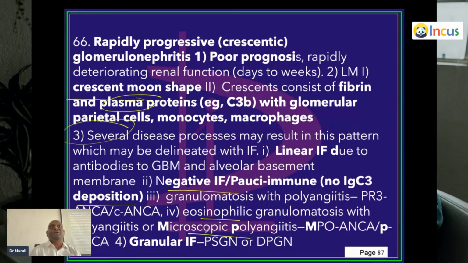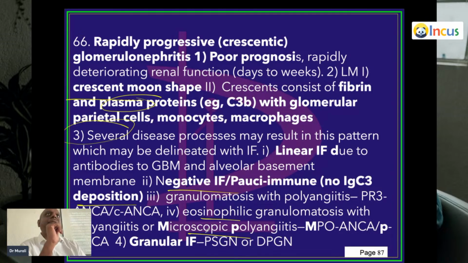Okay, I will ask one question, if you answer wrong we will go for lunch. Polyarteritis nodosa versus microscopic polyangiitis, what is the basic difference? Which involves pulmonary artery, which does not involve pulmonary artery? Which one? Microscopic polyangiitis involves pulmonary artery.